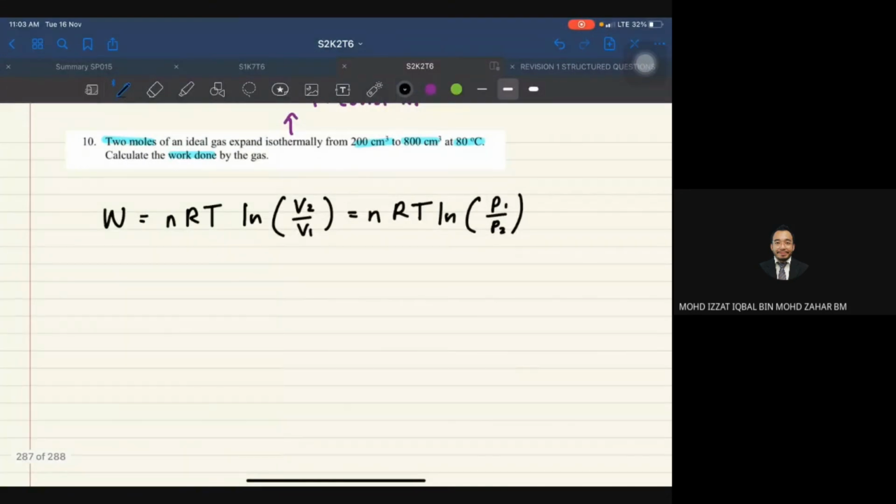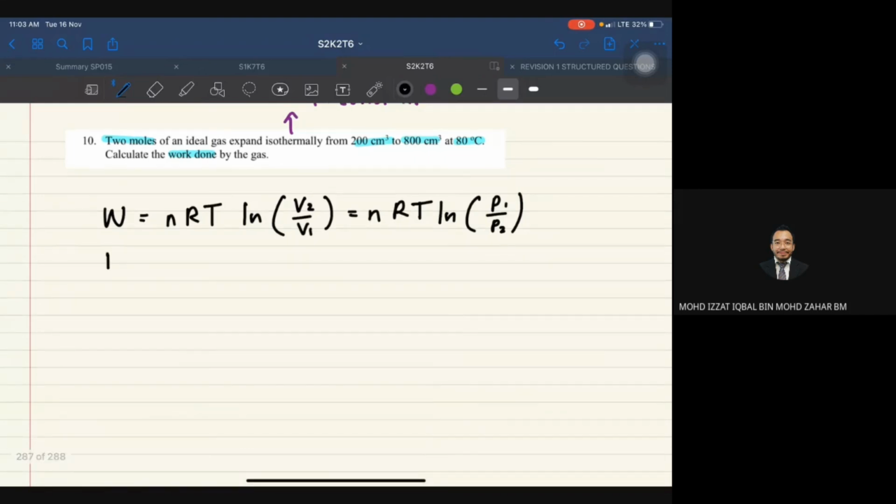Mana nak pakai? V ya, sebab dia beri dalam volume. So dia kata 2 moles, so maksudnya n dia sama dengan 2 mole. Lepas tu dia kata volume expand from 200 to 800. So your V1 is your initial 200 cm³. Okay, you can convert if you want to. Tapi in this case tak convert pun boleh. Tapi kalau nak sama, kamu convert je lah. Dia tak convert tu tak kisah sebab dia boleh potong kat sini.